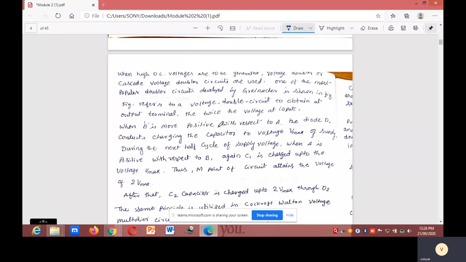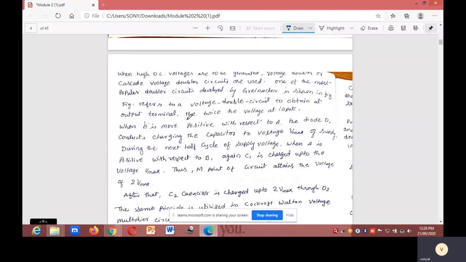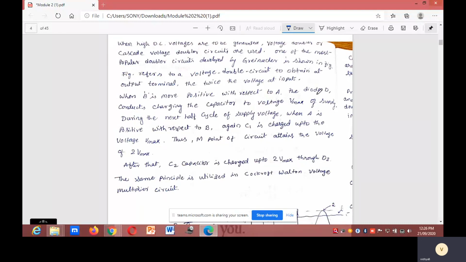When B is more positive with respect to A, diode D1 conducts, charging the capacitor to voltage Vmax of the supply. Next, during the next half cycle, what happens?